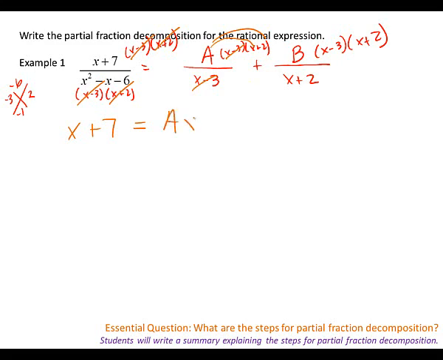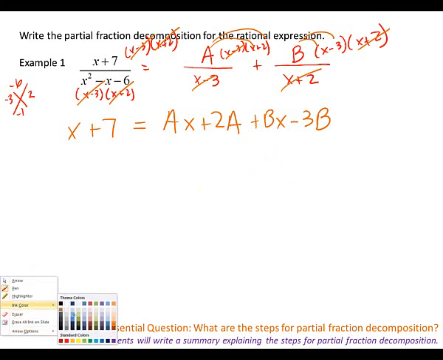So that would give me ax plus 2a. In this third fraction, what cancels? X plus 2, and I'm going to distribute in the b. So bx minus 3b.